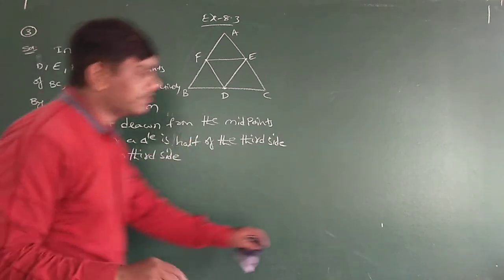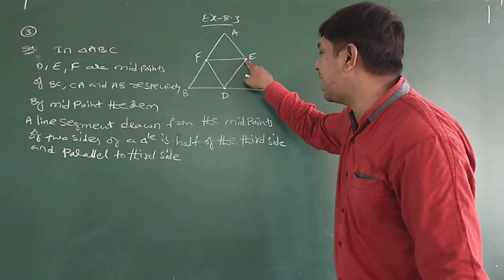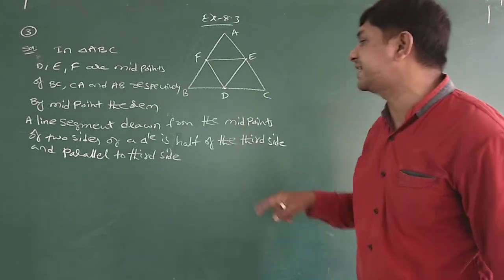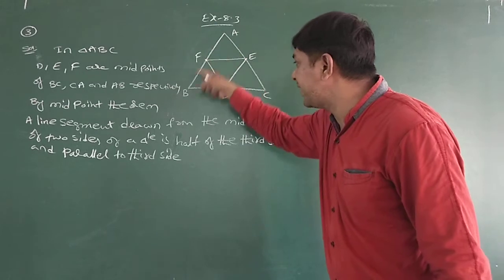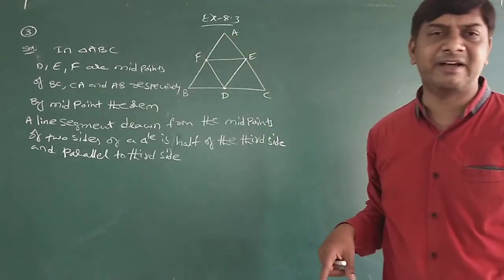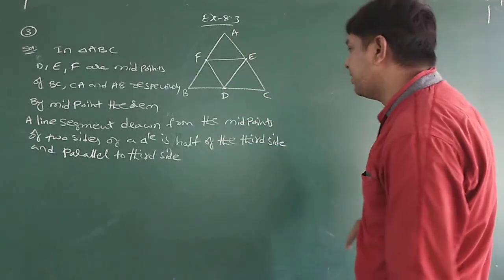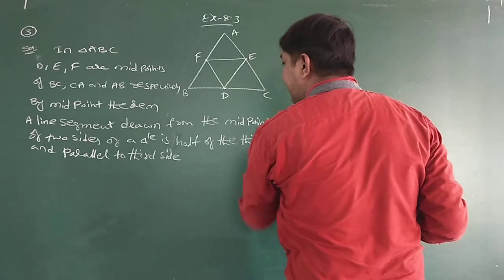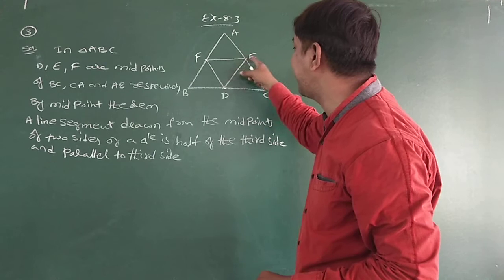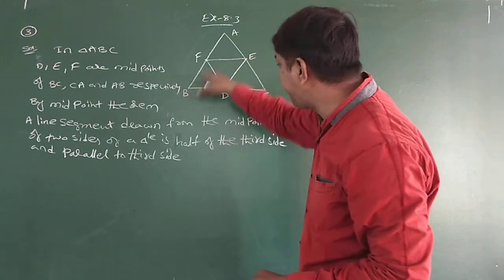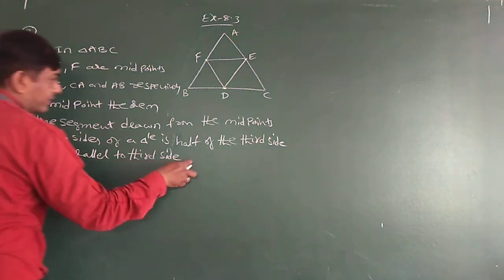Here FE is the line segment drawn from the midpoint of AB and the midpoint of AC, so it is half of the third side BC and parallel to it.